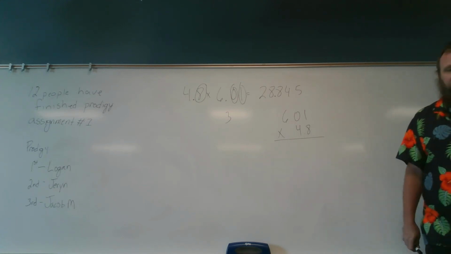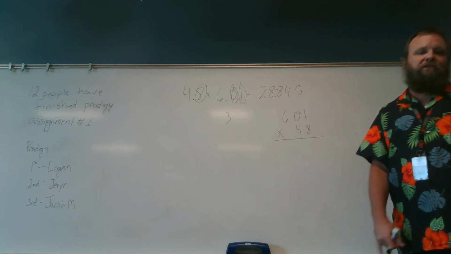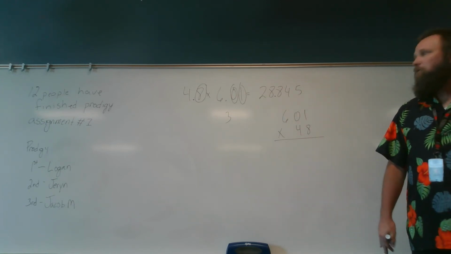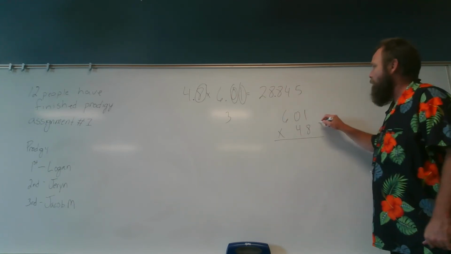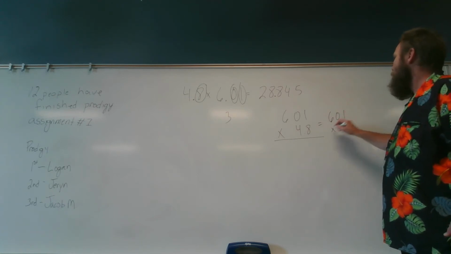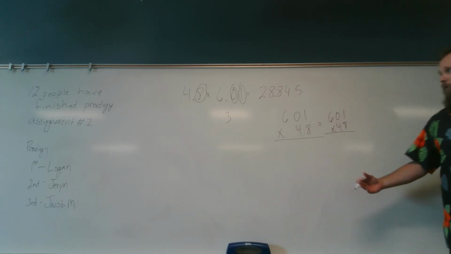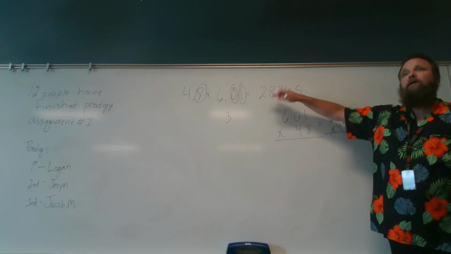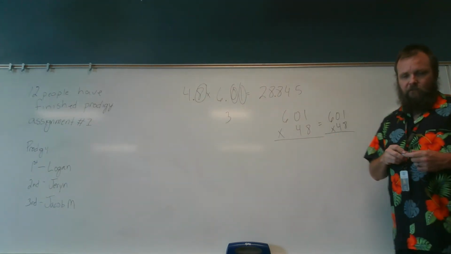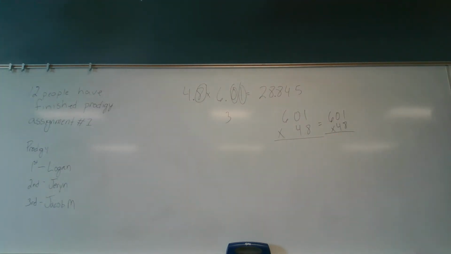The rules that you're going to glue in your journal say multiply it ignoring the decimal points. So I would change this, multiplying and ignoring the decimal points, to 601 times 48. Then when I got my product, I would place my decimal point by counting the numbers to the right of the decimal in the problem. And that is math.